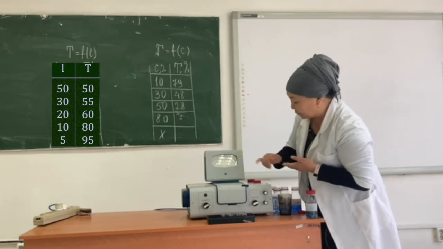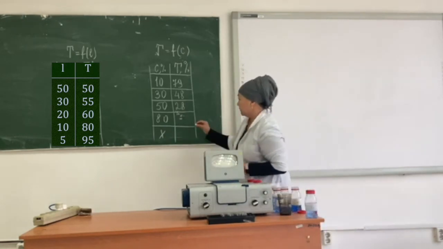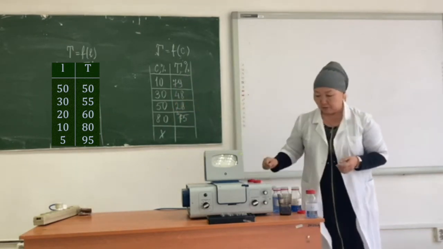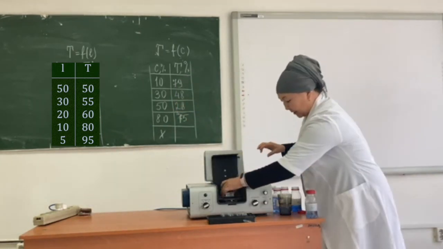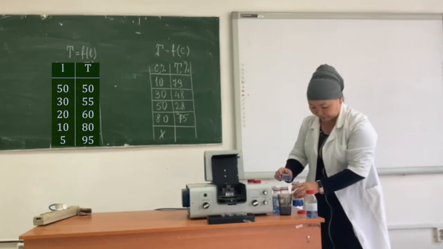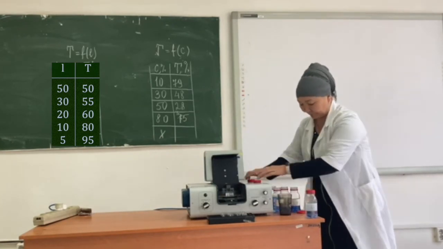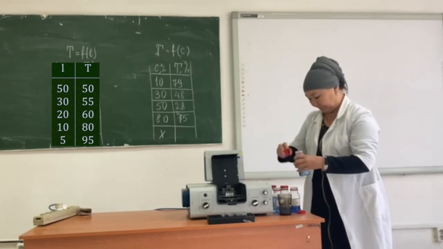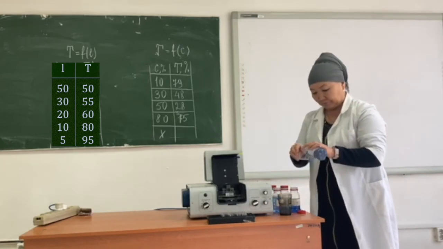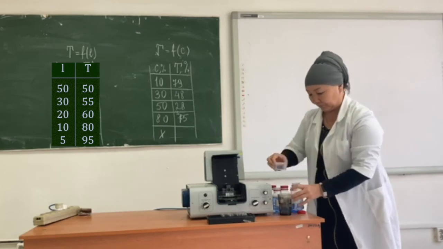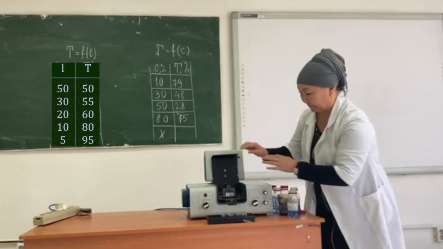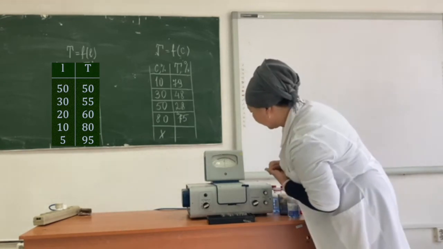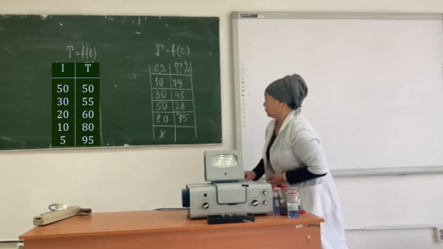The transmittance of an 80% solution is 15%. And at the end, we will determine the transmittance of the unknown concentration. And it is equal to 52%.